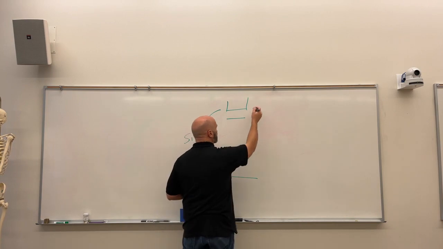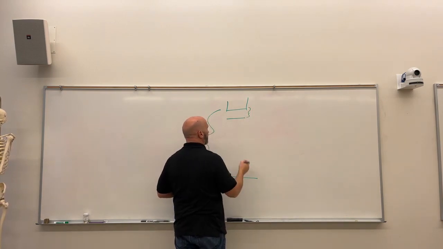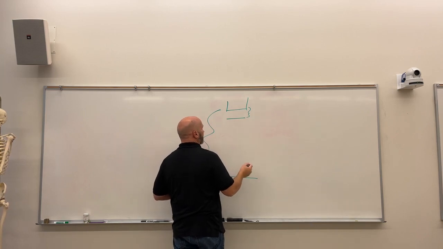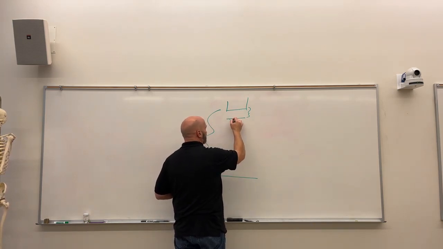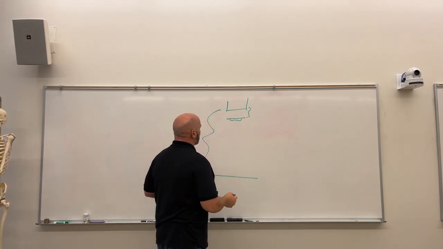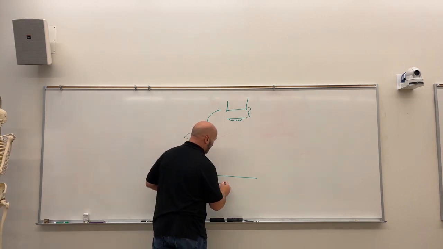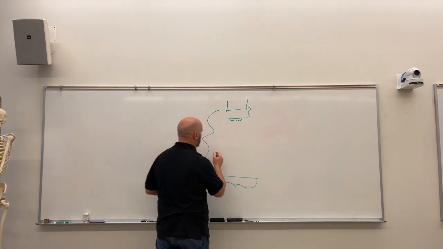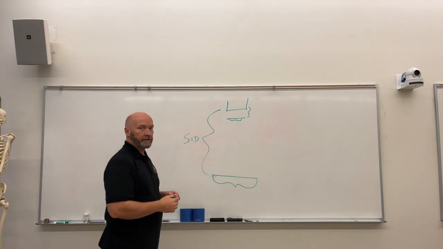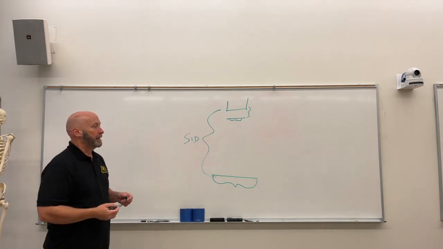So you've got a distance between the diaphragm or the collimator housing and this diaphragm opening. You've got this distance, the actual size of the opening, and then you've got the field size, and you've got the SID. All right, so you've got 4 different measurements there.